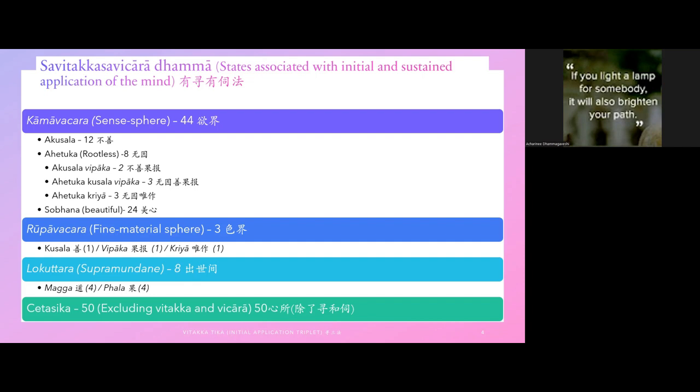Under lokuttara, the supramundane, we get 8: again the first jhana consciousness, 4 magga and 4 phala. We don't get any arūpāvacara citta here because they are all fifth jhana consciousness, which do not have vitakka and vicāra. Therefore, they are excluded from this term. And finally, the cetasika associated with these consciousness total 50, excluding vitakka and vicāra.